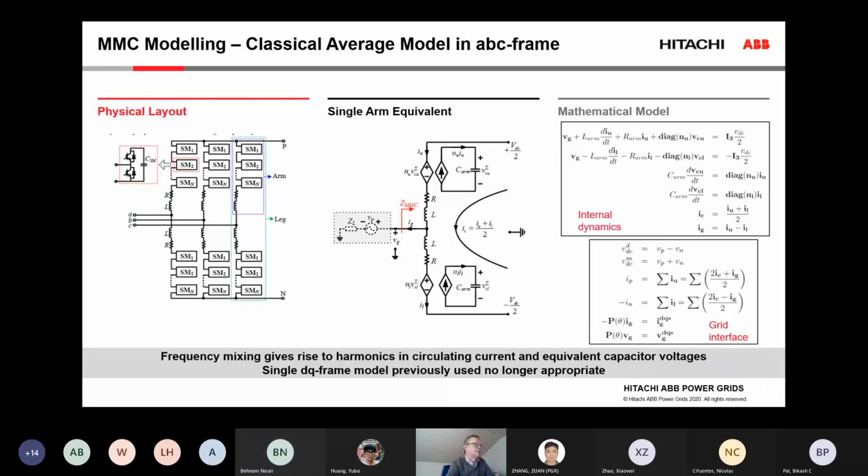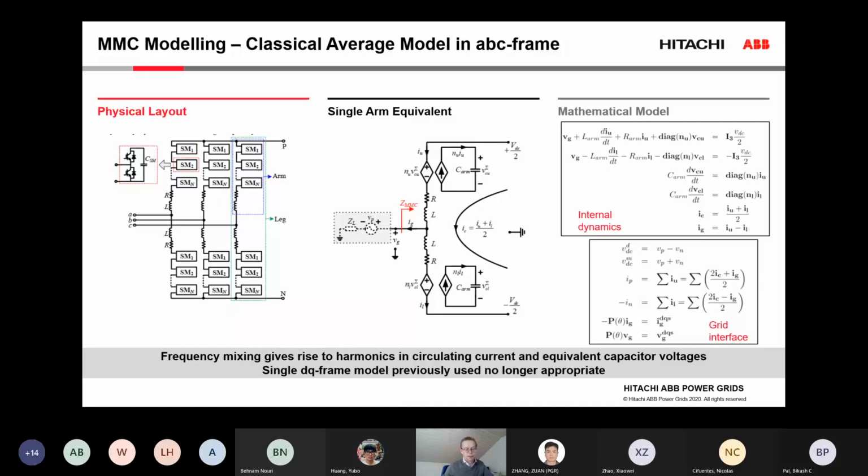This means that you get the 50 hertz we want, but you also get 100 hertz on the DC side, because you multiply something that has a 50 hertz component with something else that has a 50 hertz component. Then you take that 100 hertz and multiply it again with 50 hertz, you get 150, and you keep on going.